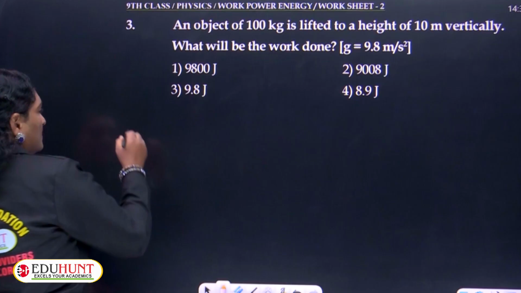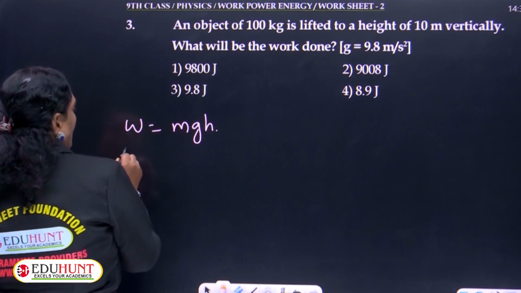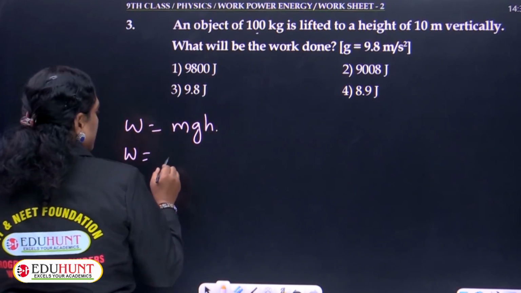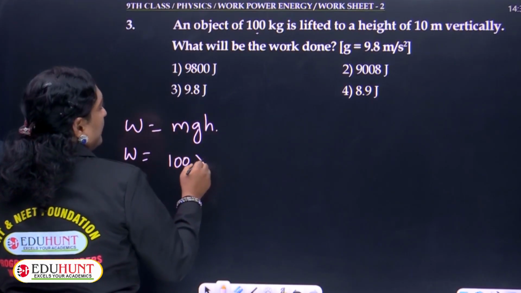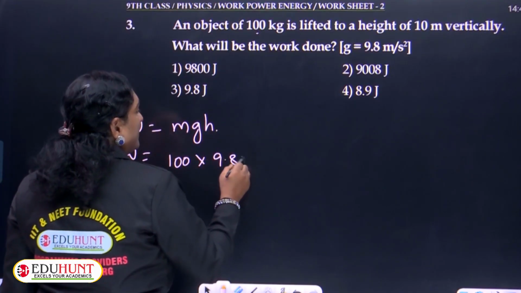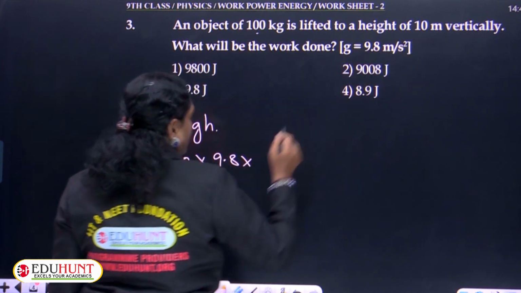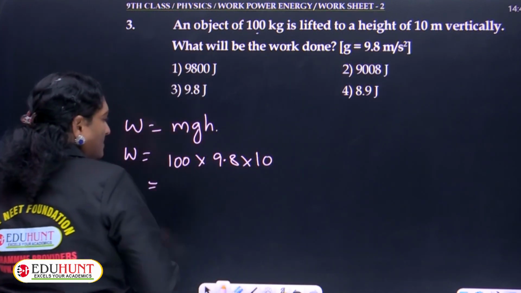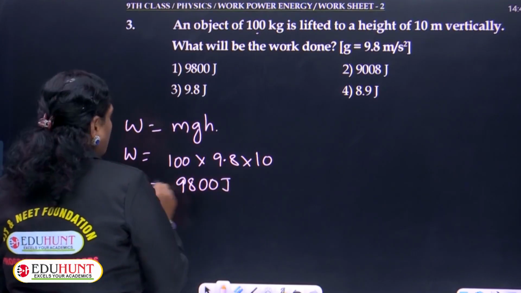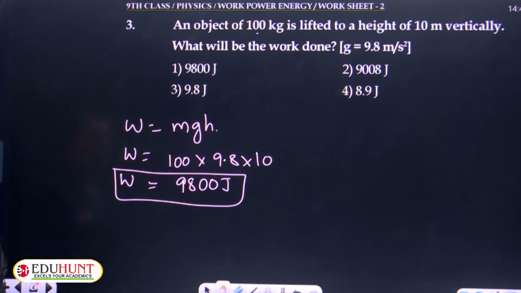Same as previous, the formula for work done is mgh, where the mass is 100 kg, the acceleration due to gravity g is taken as 9.8, and the height through which the object is being lifted is 10 meters. Solving these three, we'll be getting 9800 joules.